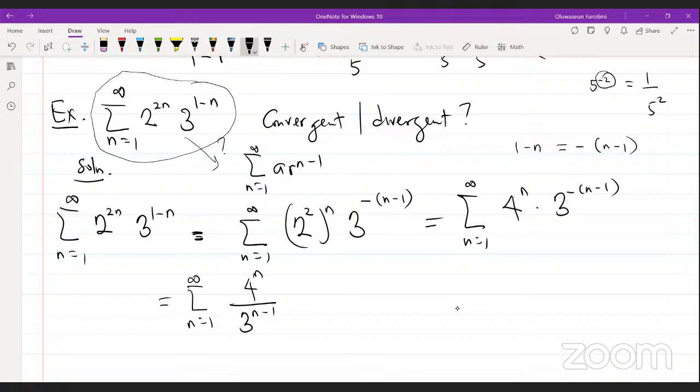Is it still okay? Now, what are we doing so far? We're trying to rewrite, okay? Trying to make it look like what? It has to look like the geometric series, this form. So when it does look like that, then I can apply this principle, or I can apply the definition of convergence when it comes to geometric series, okay?